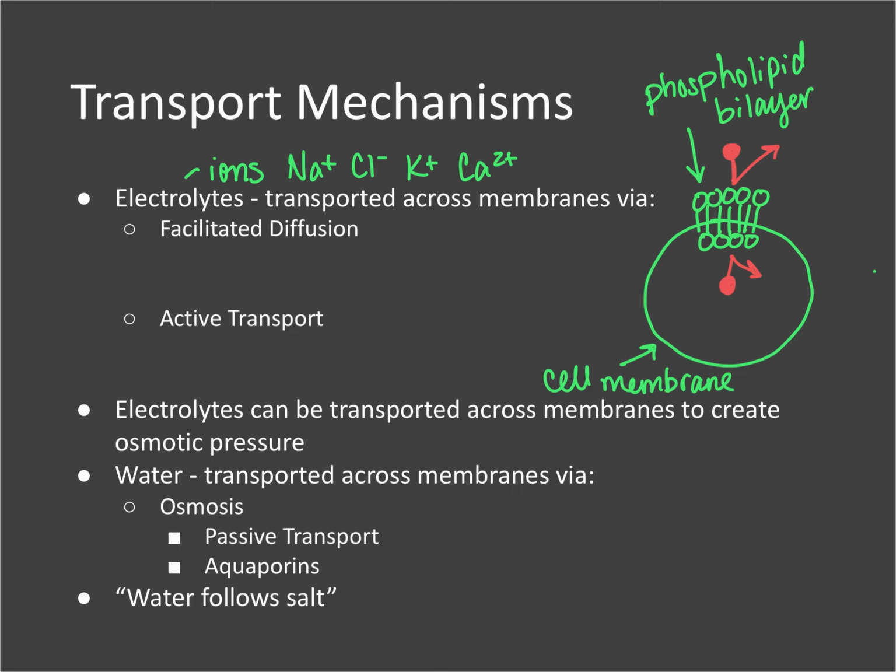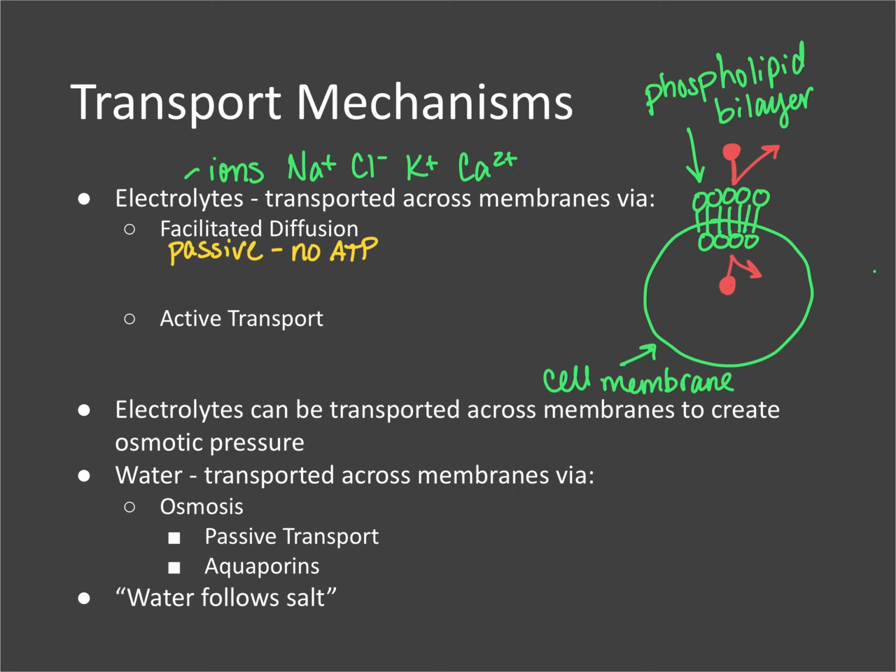So ions can cross the cell membrane in the form of facilitated diffusion or active transport. So first, let's take a look at facilitated diffusion. Facilitated diffusion is a form of passive transport, which means no ATP or energy is required for those substances to cross the cell membrane.